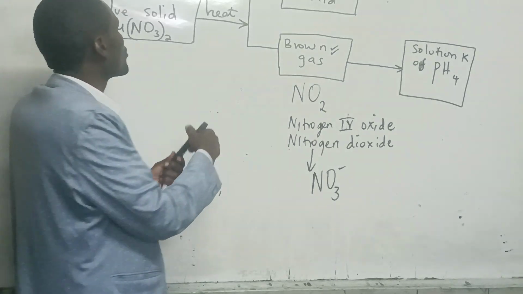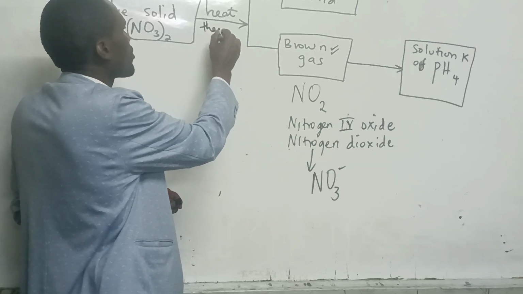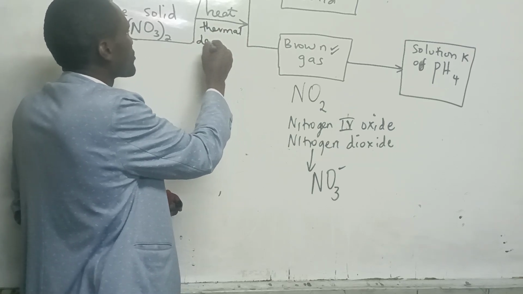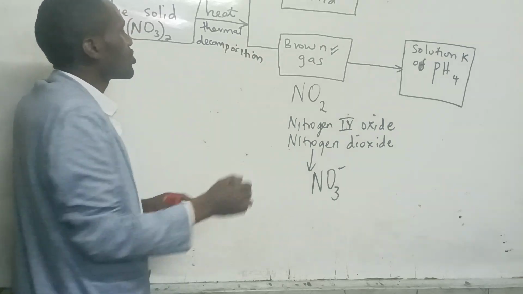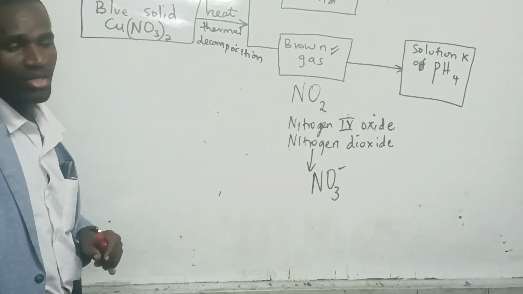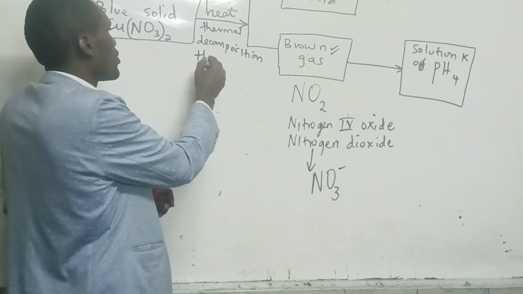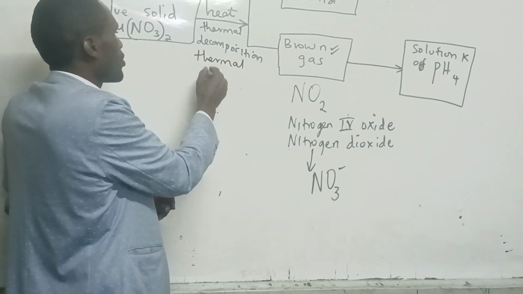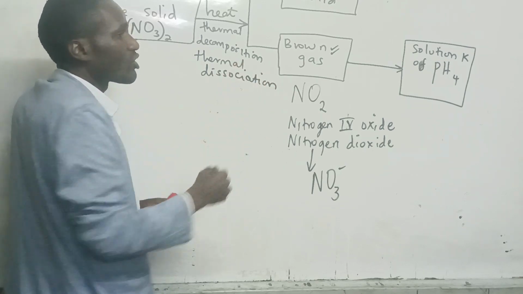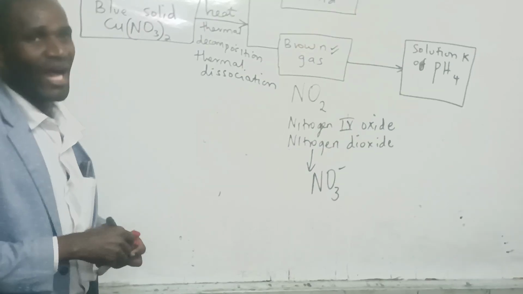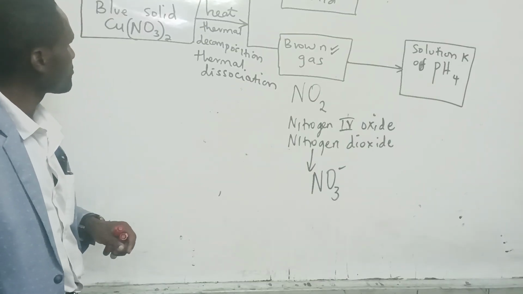So the process that this blue solid undergoes is called thermal decomposition. In other words, the compound undergoes decomposition by the use of heat, or you can also say thermal dissociation. So the compound is dissociated or decomposed by the action of heat.